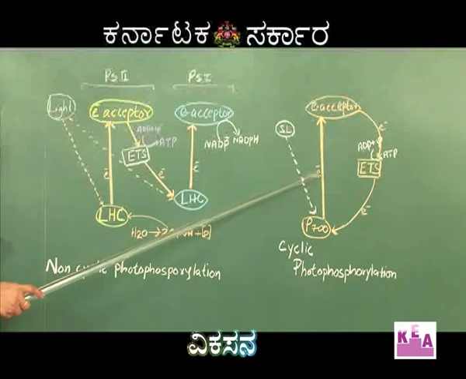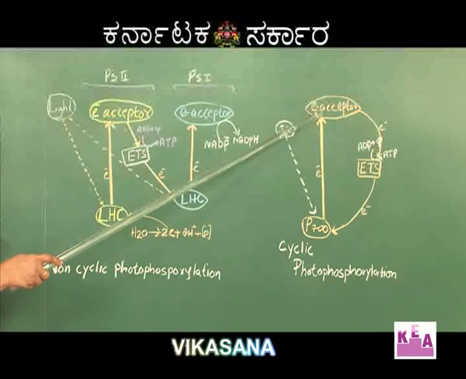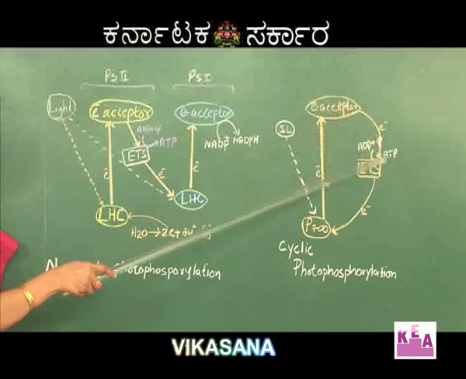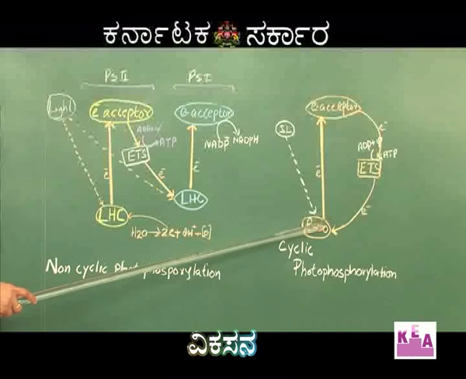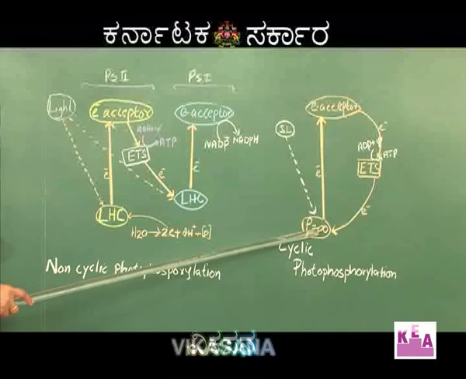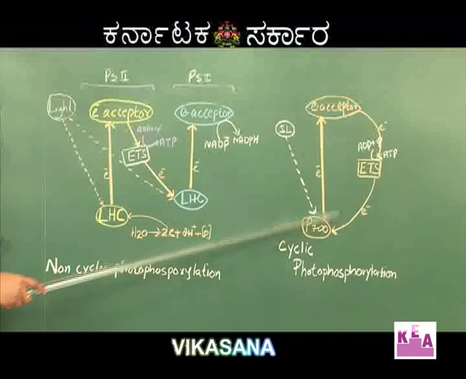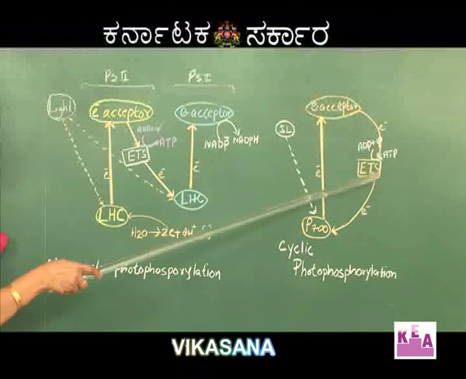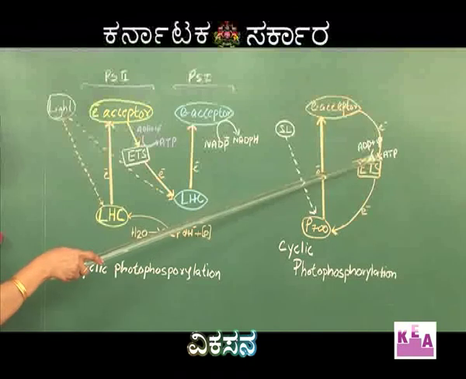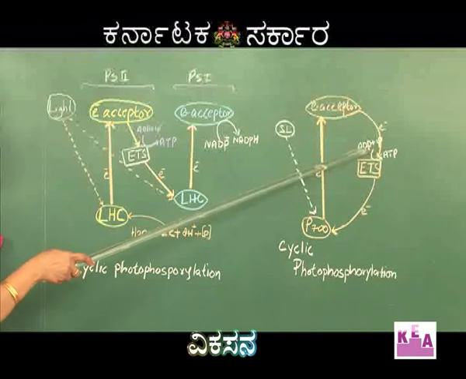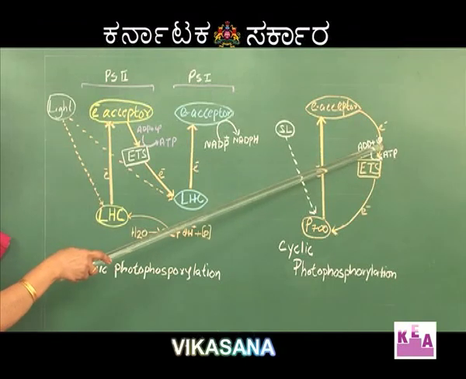The expelled electrons will be accepted by the electron acceptor. After that, it moves through a series of electron transporters and finally it comes back to PS1 again. During the transport of electrons through these electron carriers, there will be the production of ATP molecules from ADP and inorganic phosphate.